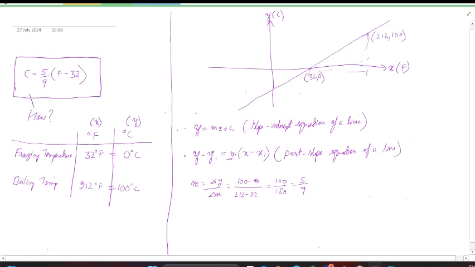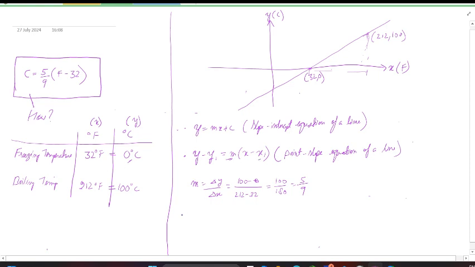And here y1 and x1 are the specific points, so we can choose any one of them, either the freezing temperature, which means 32 and 0, or the boiling point. I'm going to show both of them. First, let's take the freezing temperature. In place of y1 we are going to take 0, and in place of x1 we are going to take 32.